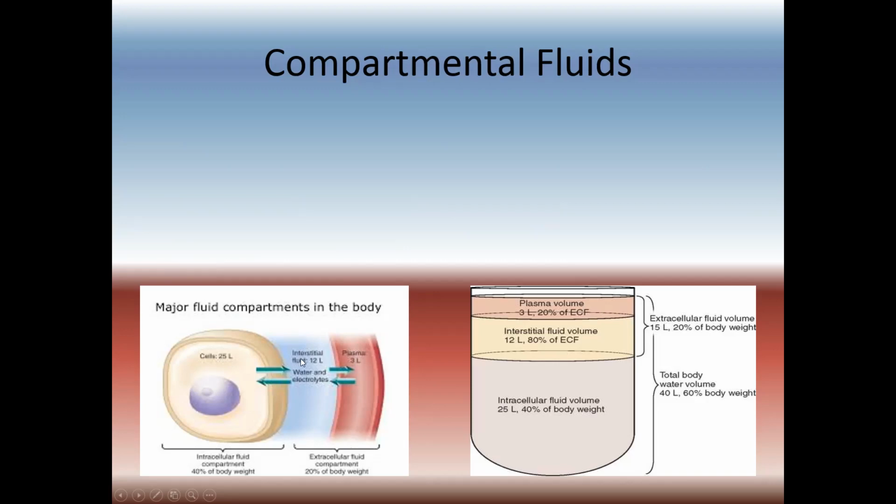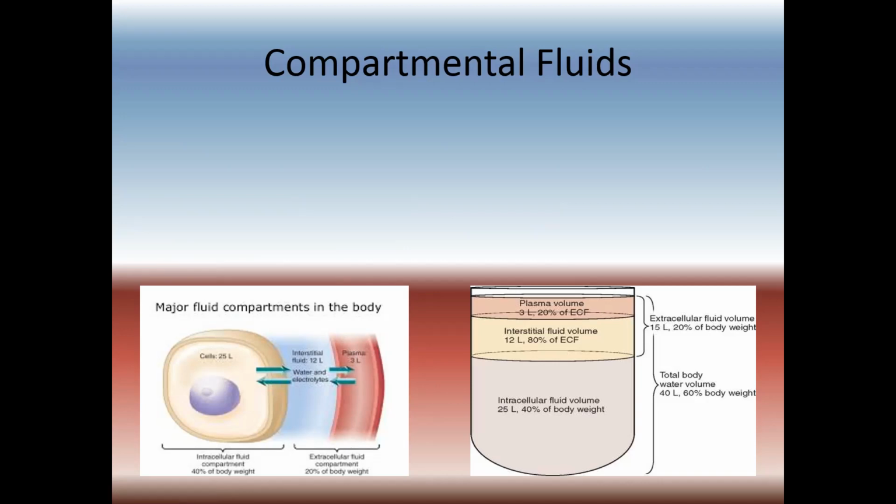In between our cells in the interstitial compartment, we have about 12 liters of fluid, and within our blood vessels, we have about 3 liters of fluid. And so the extracellular compartment consists of the interstitial compartment, so the fluid between the cells, and within our blood vessels. And then there's a small amount in our transcellular fluids that includes our dense connective tissue, bones, and minor compartments, such as cerebral spinal fluid.